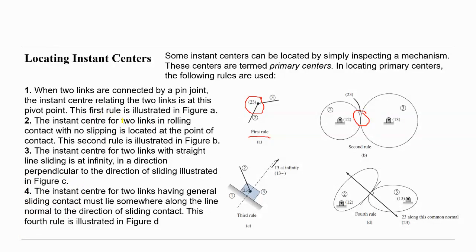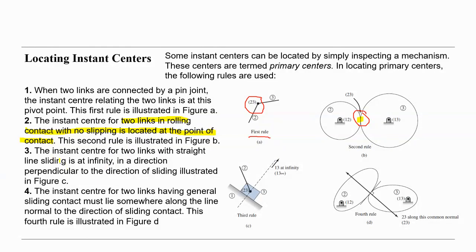Two links in rolling contact with no slipping, which is very important, the instant center is located at the point of contact here.